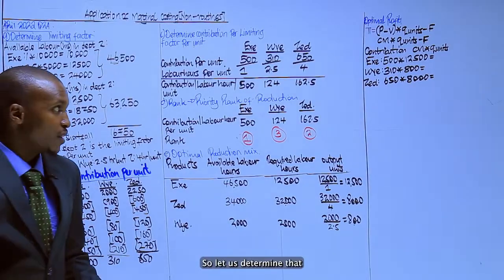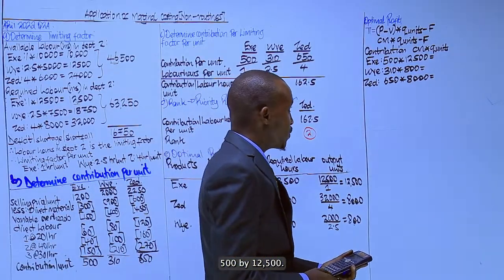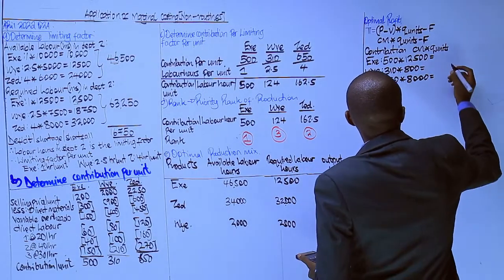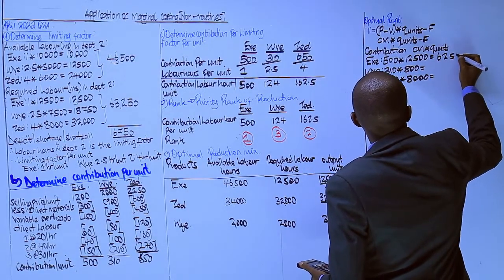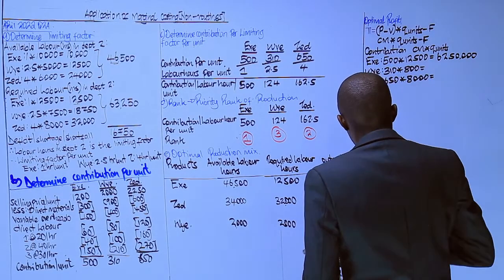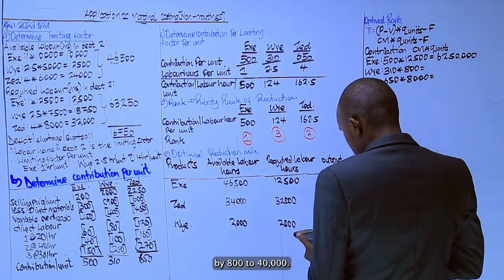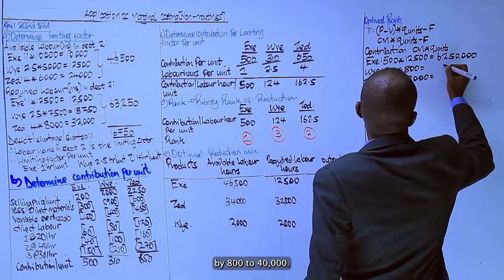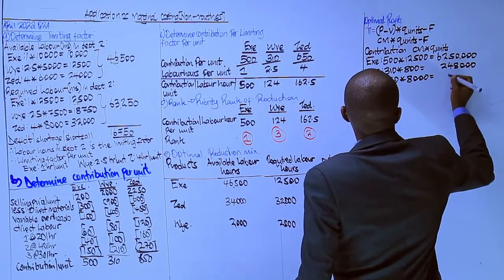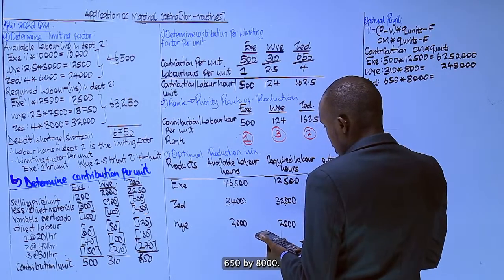So let's determine that. 500 by 12,500 should be 6,250,000. 310 by 800 is 248,000. $650 by 8,000 is 5,200,000.